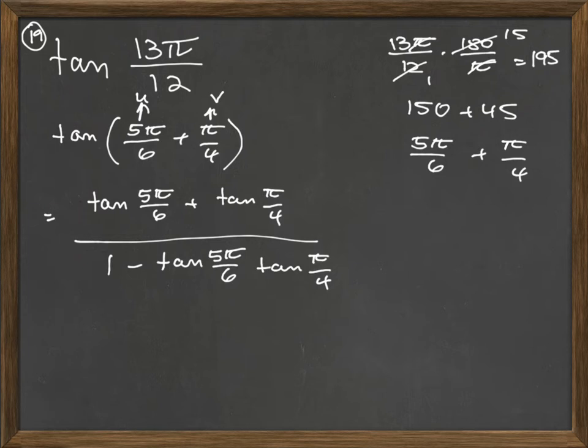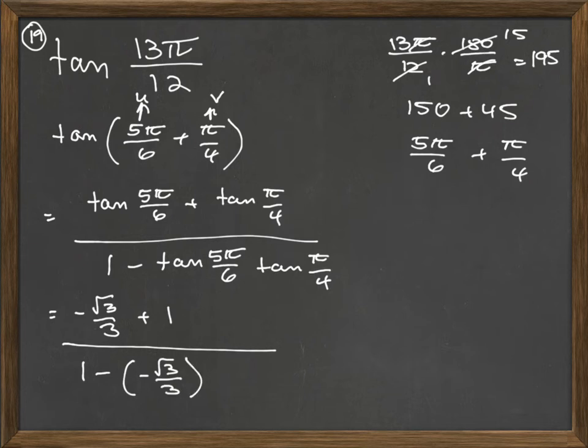What is the tangent of 5 pi over 6? Does anybody have the handy dandy? Tangent of 5 pi over 6 is negative square root of 3 over 3, plus the tangent of pi over 4, which is 1, over 1 minus negative square root of 3 over 3 times 1.